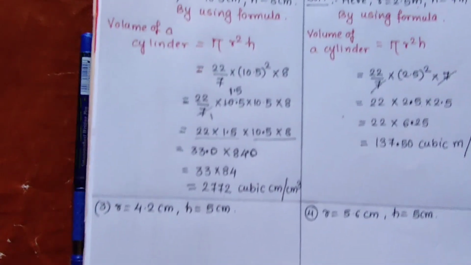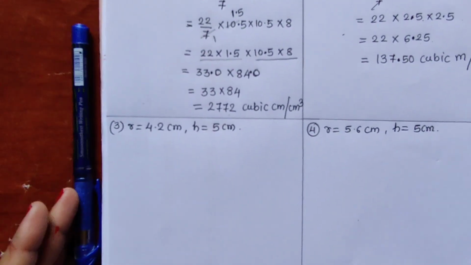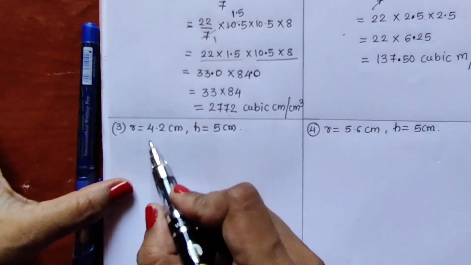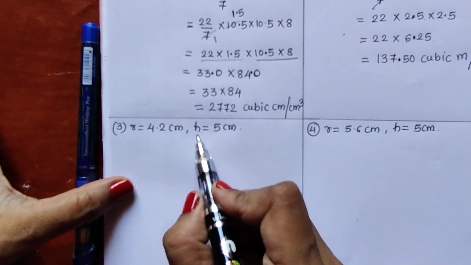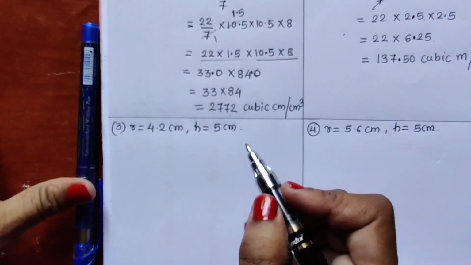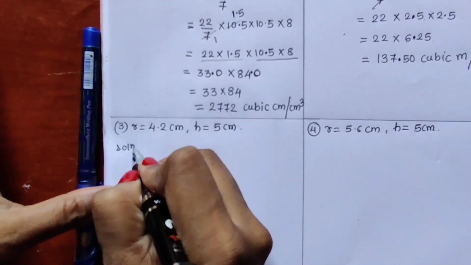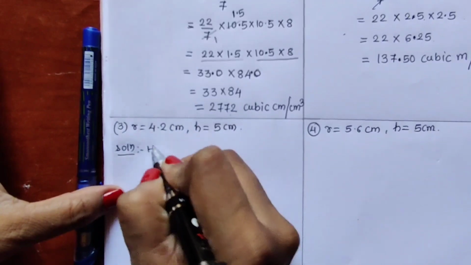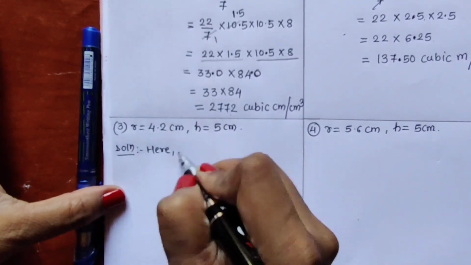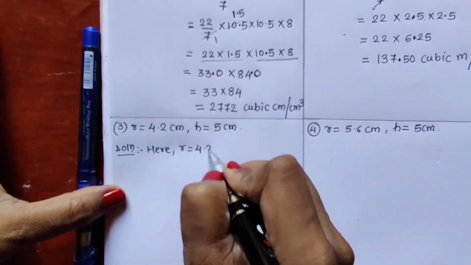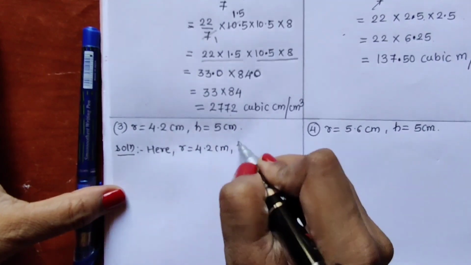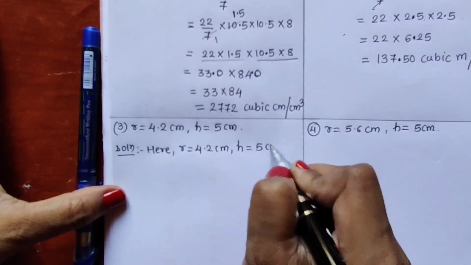Okay, now let's go on to question number 3, third sum. R is equal to 4.2 centimeter is given to us, and H is equal to 5 centimeter is given to us. So we will start the solution by writing the values again. Solution. Here R is equal to 4.2 centimeter, H is equal to 5 centimeter.